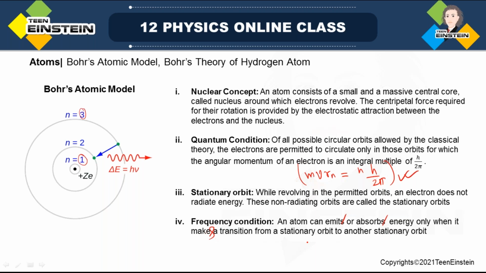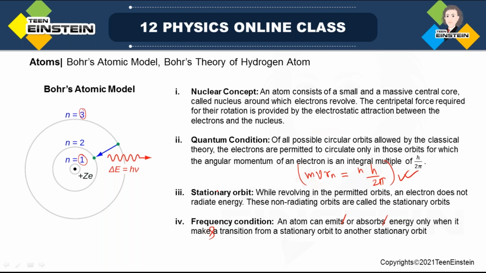I'll explain this in detail. Let me tell you one more thing about this postulate: an atom can emit or absorb energy. See, we had already established the stationary states, or stationary orbits.